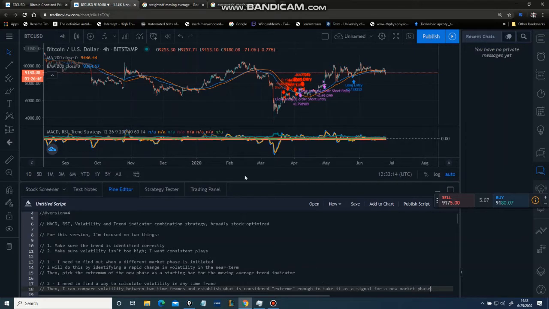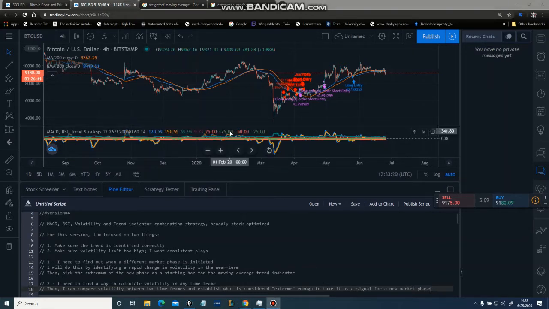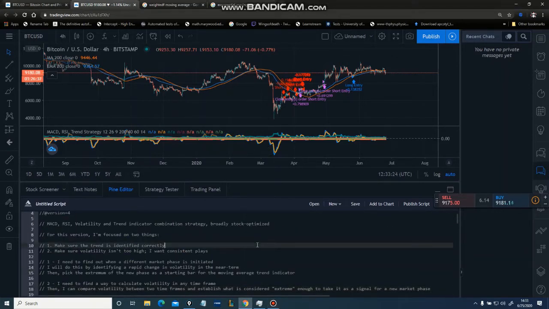Alright, so that is our basic layout of the strategy. Now part three is going to be actually trying to code this up. That might actually take a while.